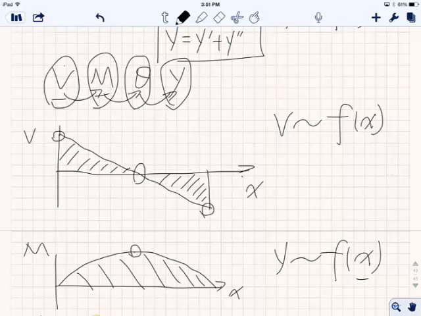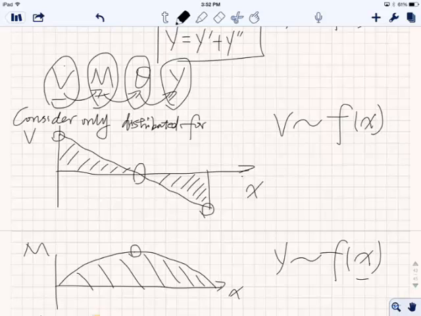Let me write it here: consider only distributed force. So the concentrated force we will deal with later.